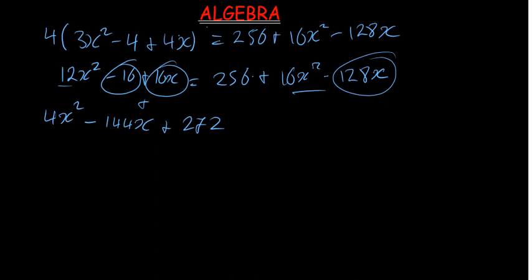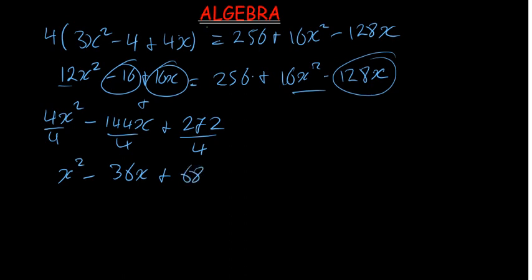We can divide all of these by a number that goes into all of them without leaving a remainder, which is 4. So we have x squared minus 36x, 144 divided by 4 gives 36, plus 272 divided by 4, which gives 68.